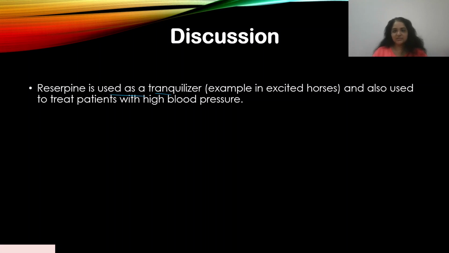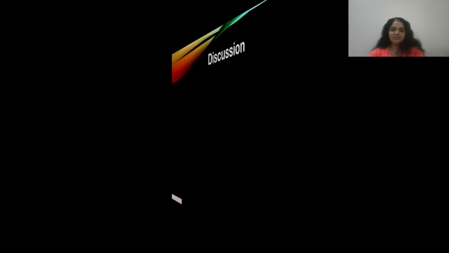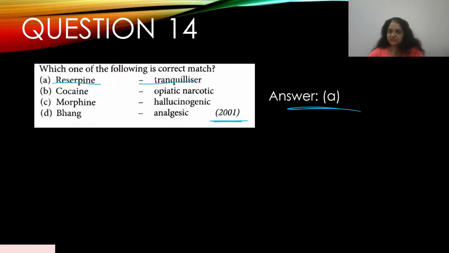But in humans, it is used as a medicine to treat patients with high blood pressure. So remember that reserpine is a drug which is also used as a tranquilizer. Obviously, if you look at the other options, B, C, and D didn't fit the question. It's obviously A then, right?